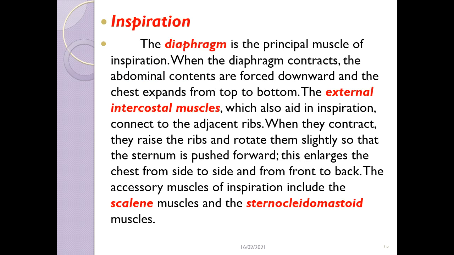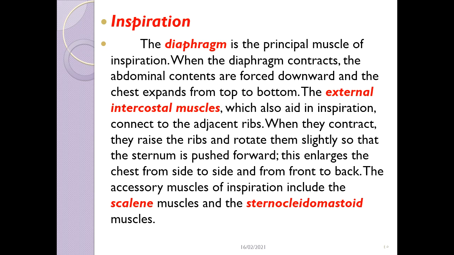What is the importance of the diaphragm and the chest wall muscles during inspiration? The diaphragm is the principal muscle of inspiration. When the diaphragm contracts, the abdominal contents are forced downwards and the chest expands from top to bottom.